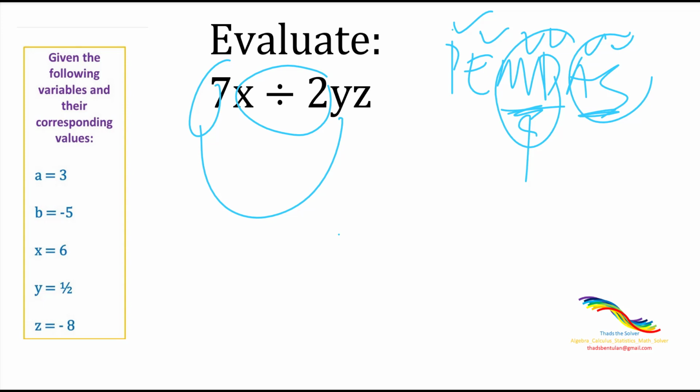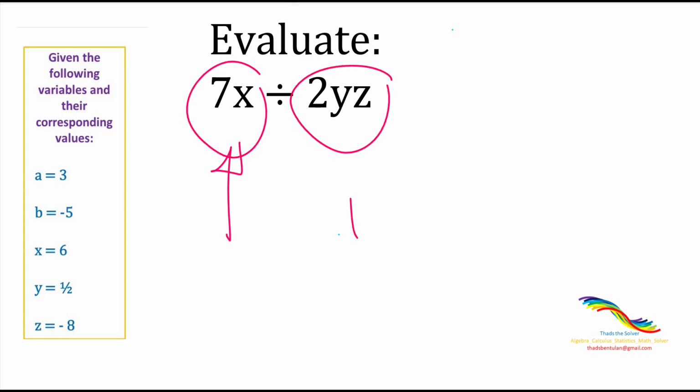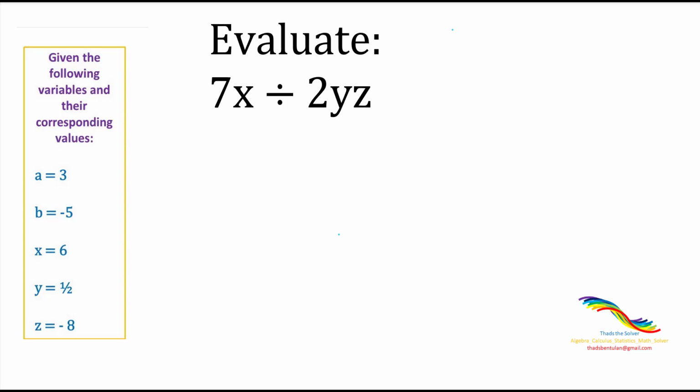But for purposes of algebra, for convenience, whenever you have products, especially algebraic expressions like 7x and 2yz, you evaluate these first, before the division. Yes, you can do the x over 2 first, but for convenience and ease of calculation, and also to avoid confusion, let's do this one first.